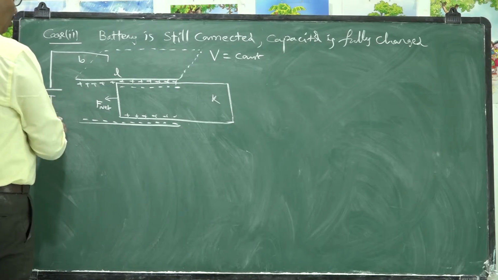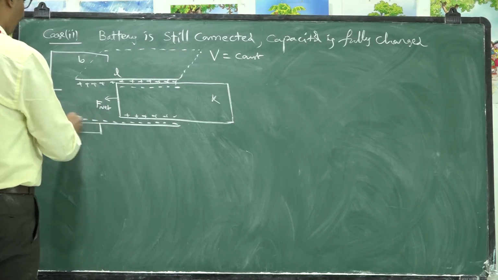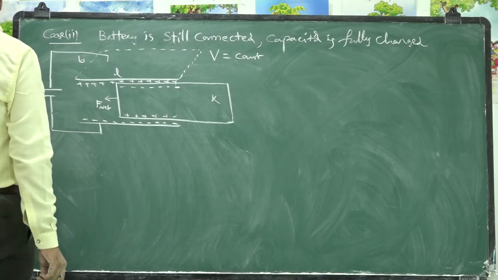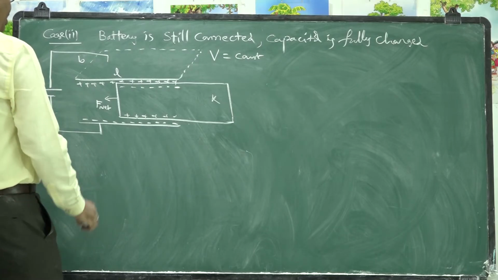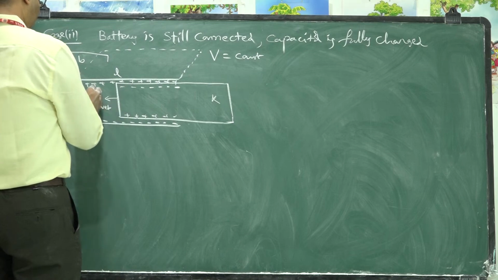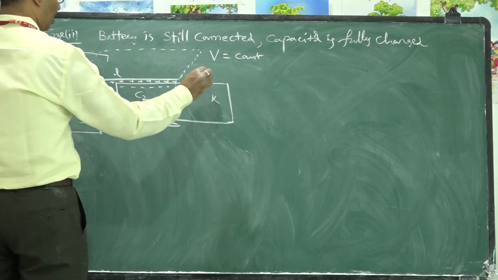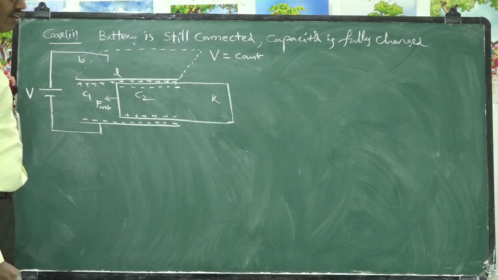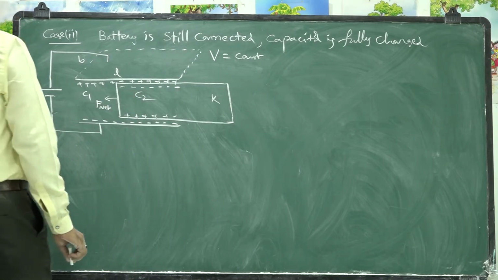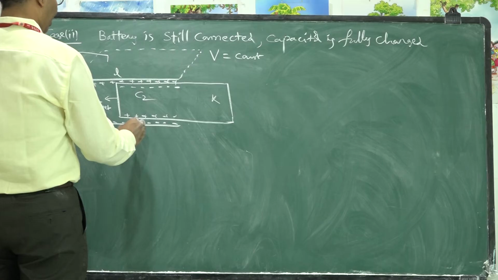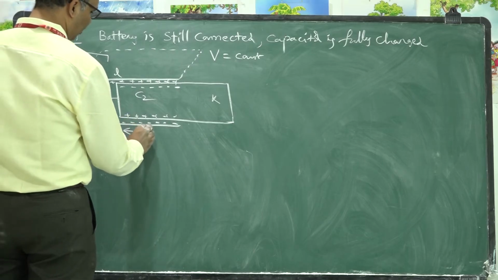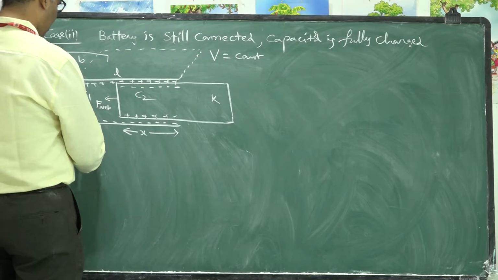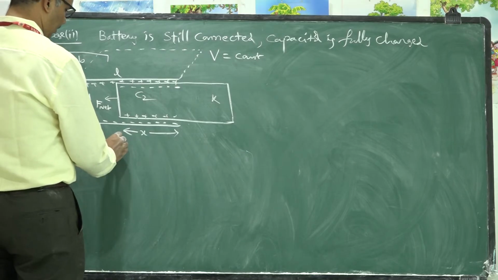The potential applied by the battery is V. And here this part of the capacitor's capacitance is C1, this part's capacitance is C2, and we would like to calculate the effective capacitance. Before that, try to understand that the portion of dielectric which is available inside the capacitor is X. So the remaining length is L minus X.